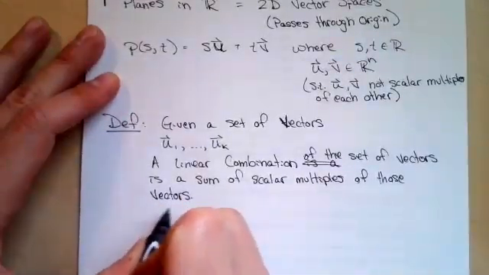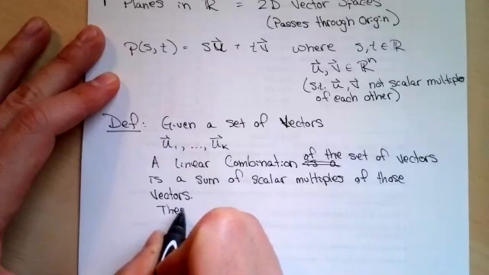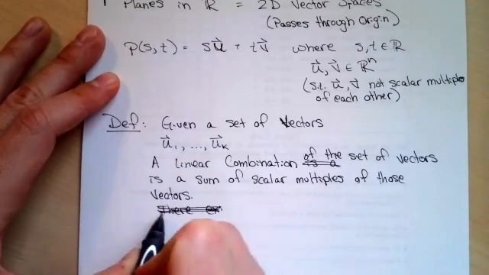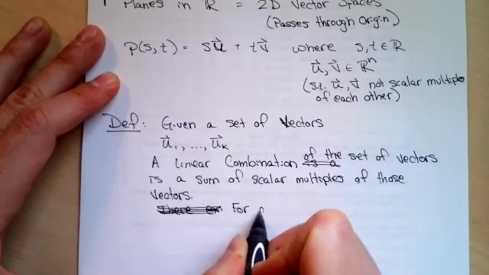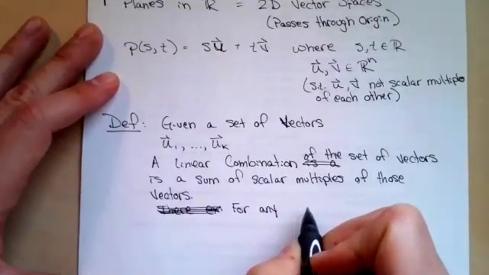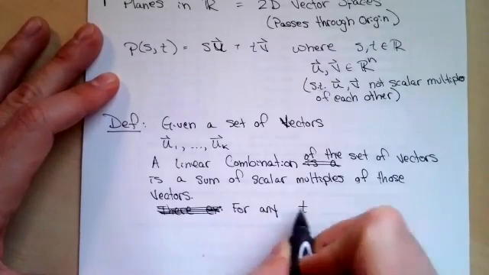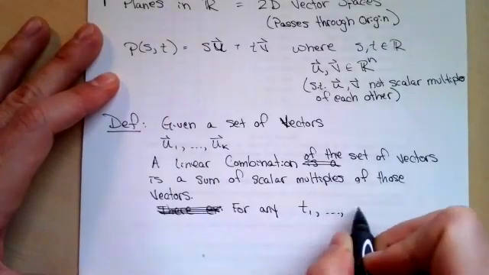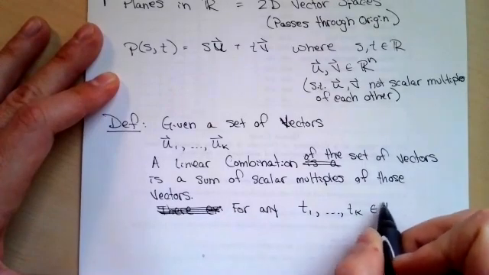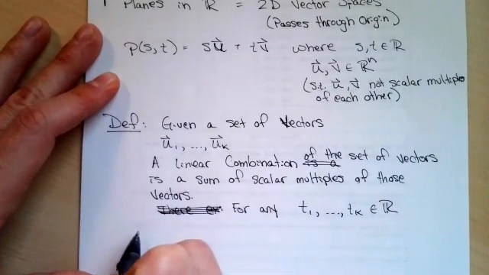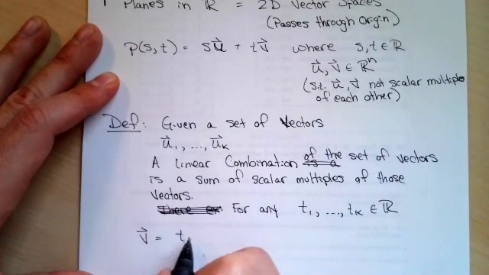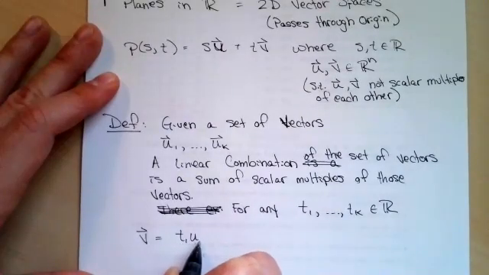Meaning, for any set of scalars, we'll call them T1 up to Tk, that are all just real numbers, we can define V as the scalar product.